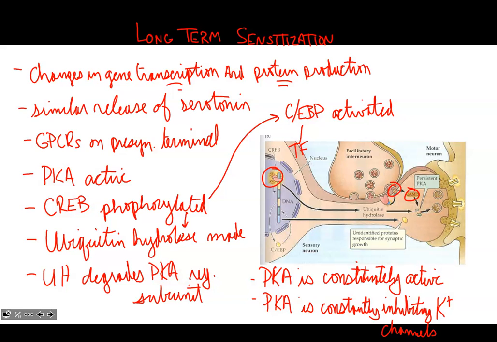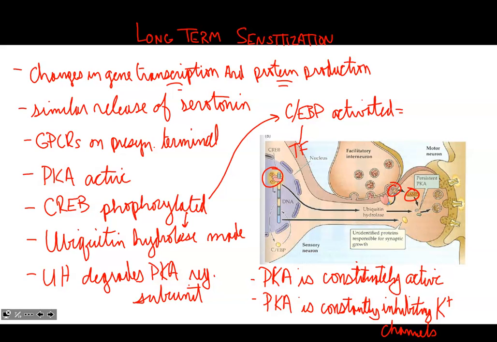So they have slightly different targets, but they're both going to induce transcription. And while we don't have a great idea of the specific genes that C/EBP regulates, what we do know is that what we see after it's activated is a change in the structural architecture of the synapse. So actually we see additional synaptic terminals added.